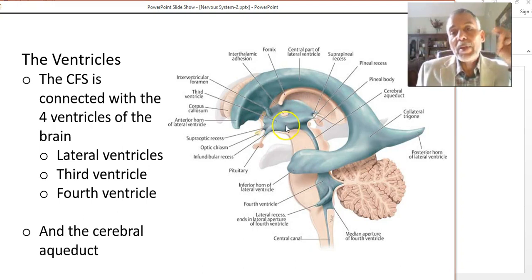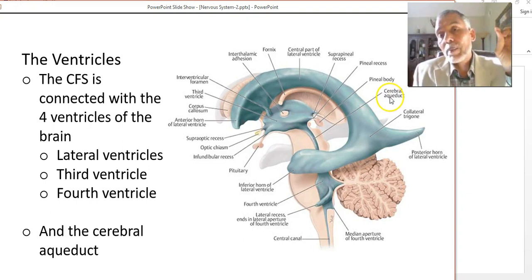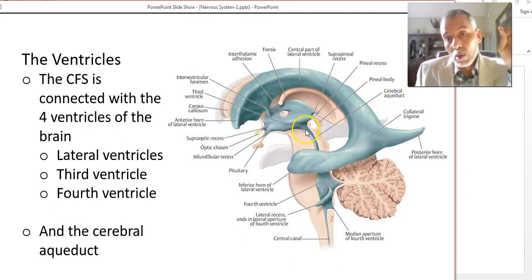And then you have a little duct called the cerebral aqueduct, like a little tube that goes down, and then it connects with another ventricle lower, which is in the brainstem, that is called the 4th ventricle. So that is the system again that is responsible for the cerebrospinal fluid.